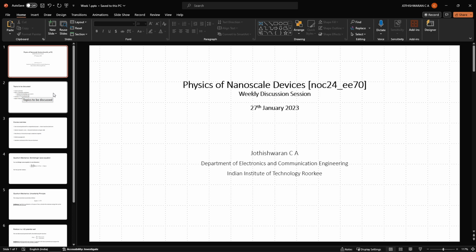And in next Saturday's session, I shall be looking at one-dimensional solids, the Kronig-Penney model, and all those things, which are more relevant for the assignment of the second week. So this week, I shall not be going into that. I will be focusing mainly on the contents from week 1.